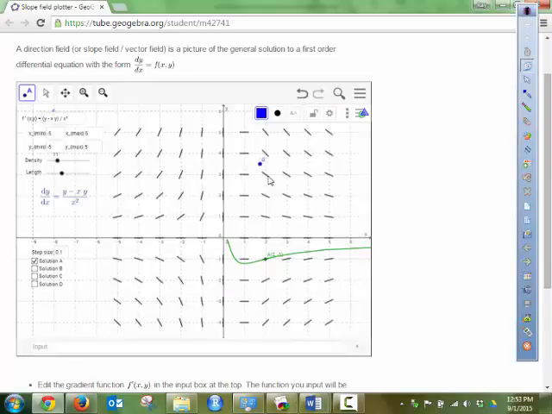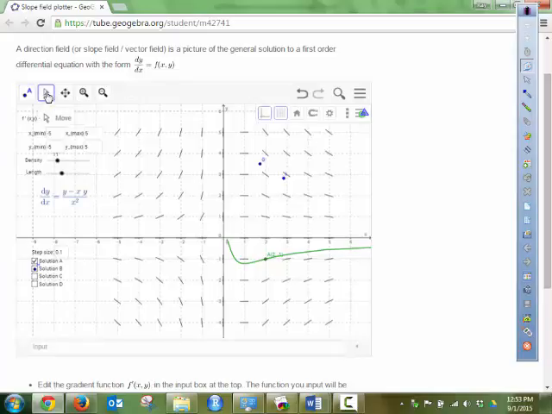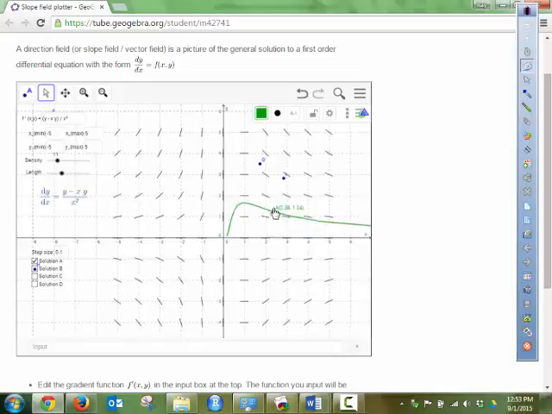So if I click on a point over here and try to figure out what the slope field is, wait, how's it go? Oh, left, the other left. Okay. Yeah, so I can click it over here, and drag it over here.